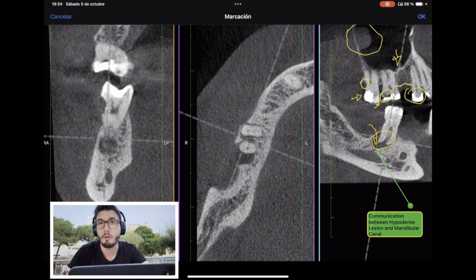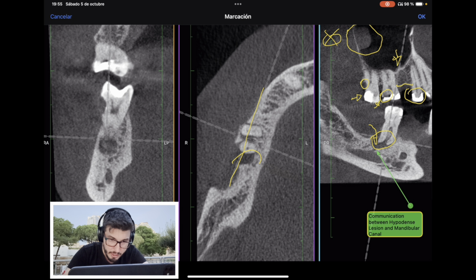We also have the distal bone loss here. The mesial bone loss we cannot see properly because of the axis, take a look at this, the axis is here. That's the axis of this picture, and maybe it's not the best image to see the mesial bone loss. But we already know that this is an endoperio lesion.